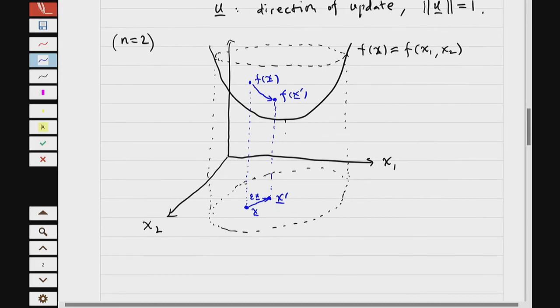Let's say now let's not consider the step size epsilon. For some constant step size, I want to find the right direction to go, or find the right u, which is itself, remember, a unit norm vector, just a direction.